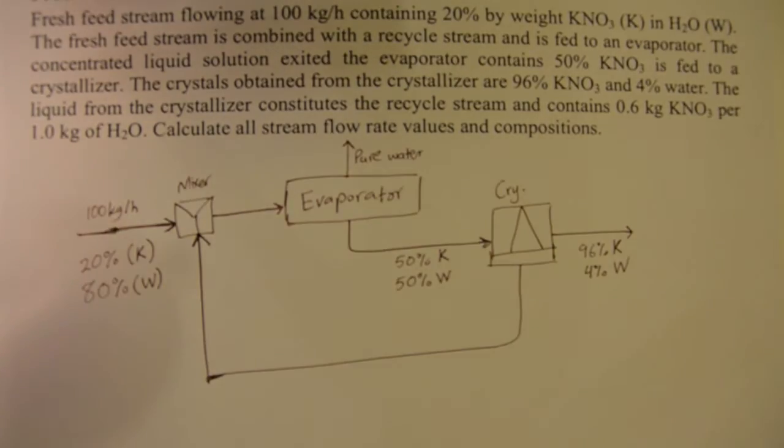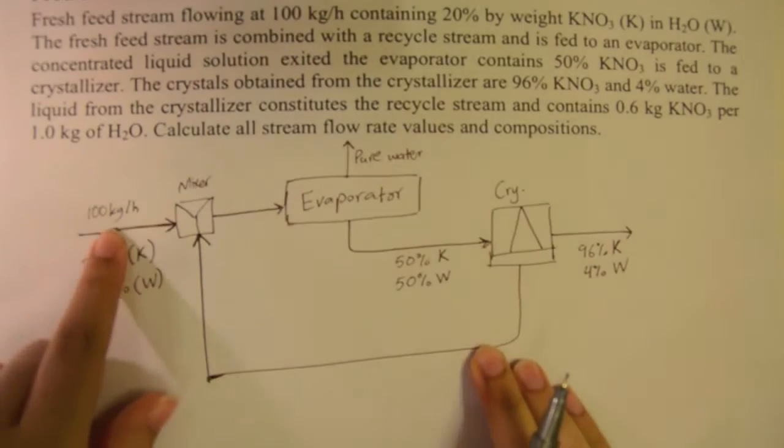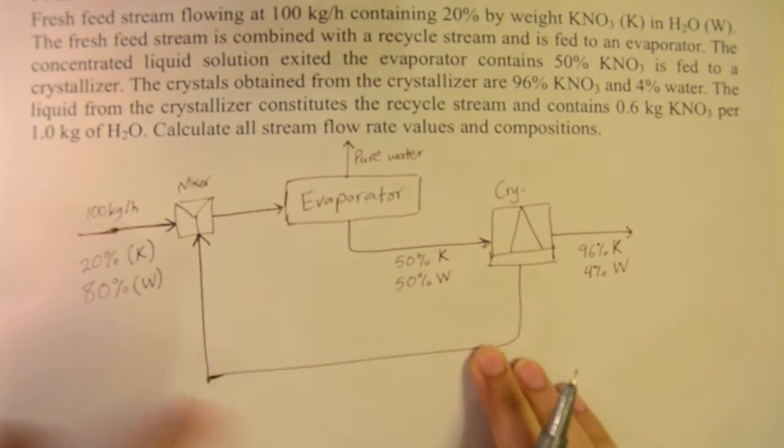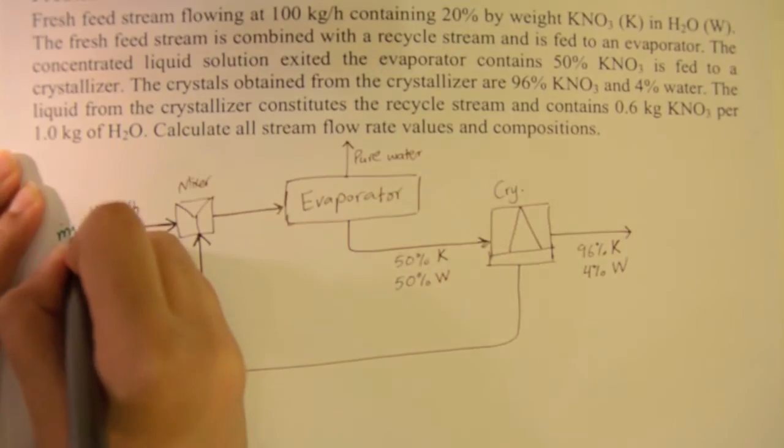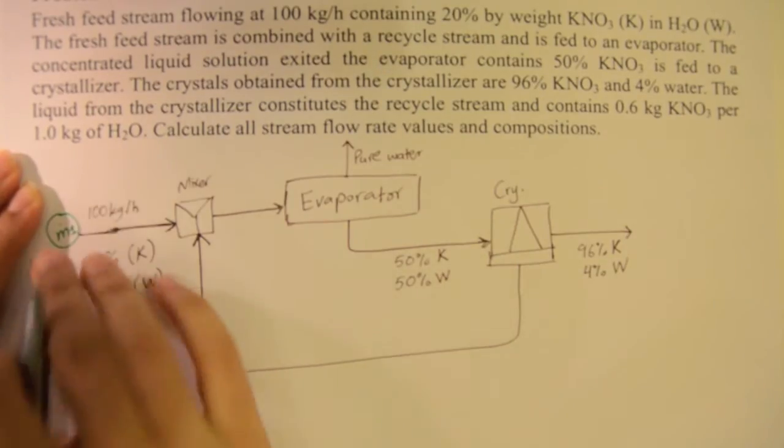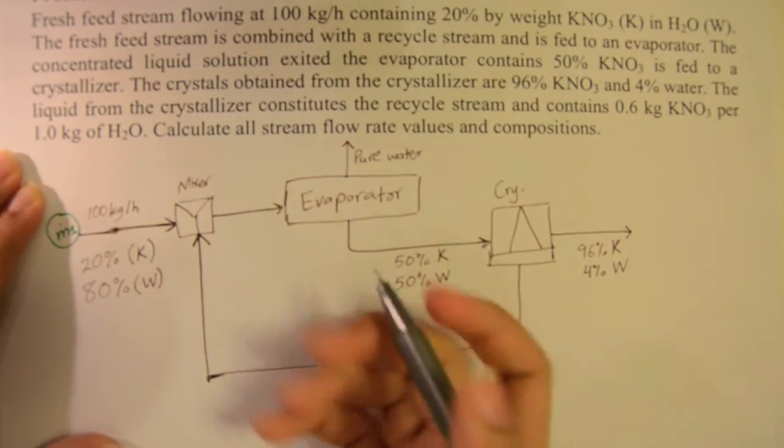And for making things more clear, we are going to put numbers on the streams. So this is M1, and by M, I mean the mass flow rate.